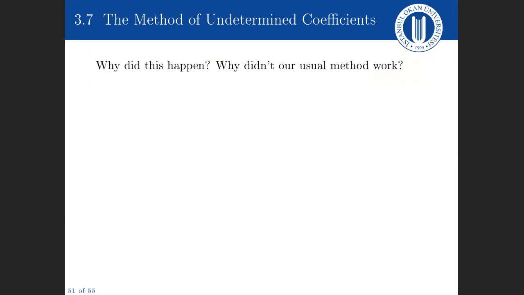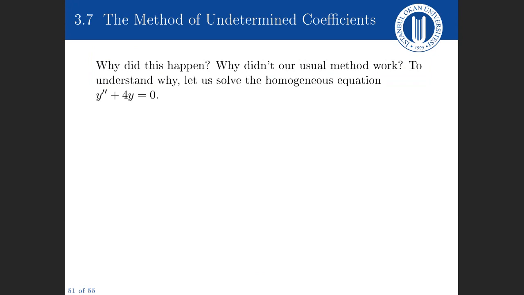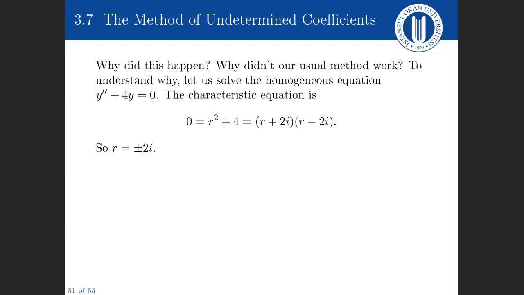Why did this happen? Why didn't our usual method work? To try to understand this, let's solve the homogeneous equation, y double prime plus 4y is equal to 0. We start with the characteristic equation, and from the characteristic equation, we find that the roots are plus or minus 2i.